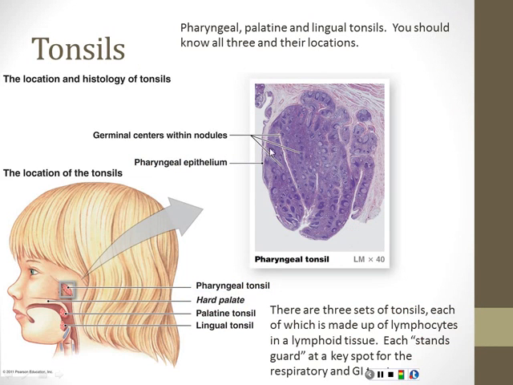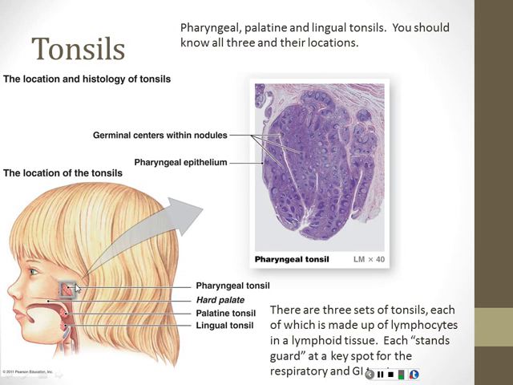Everybody's familiar with two of the tonsils, right? The ones that you can see in the mirror when you say, ah. Those are the palatine tonsils, the ones that sit at the back of the throat, just on the left and right of the uvula that hangs down. But there are four others. So there are three pairs of tonsils.